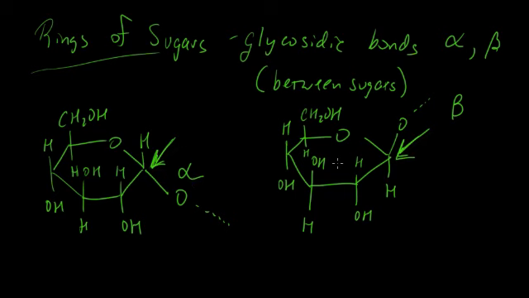And how they bond is going to determine the overall shape of these polysaccharides. For example, starch, and if I draw these rings as little flat discs here, starch has all these alpha bonds.